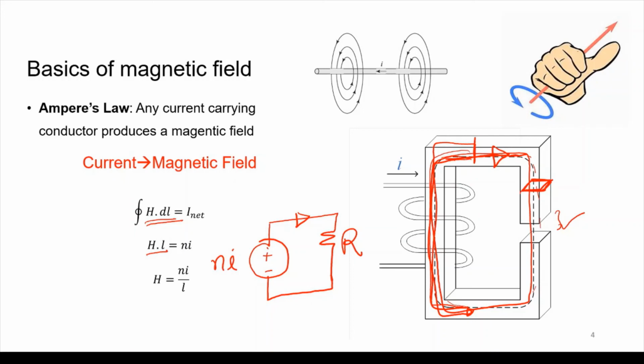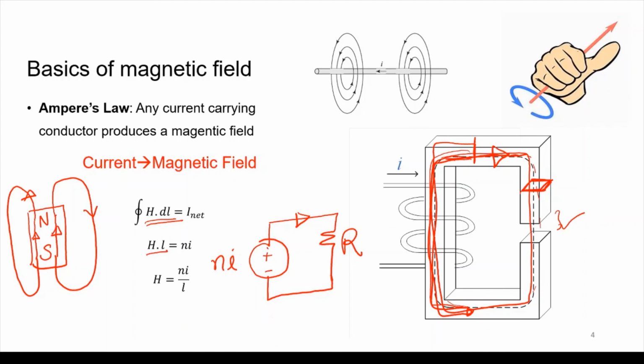So if we have a permanent magnet, we will have two poles, north and south. What will be the flux lines? Inside the magnet, the flux will flow from south to north. However, outside the magnet, the flux lines will flow from north to south.